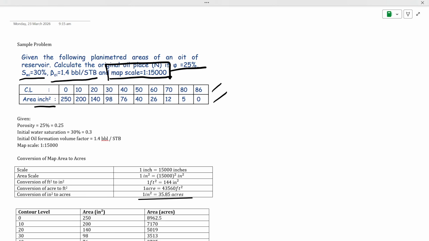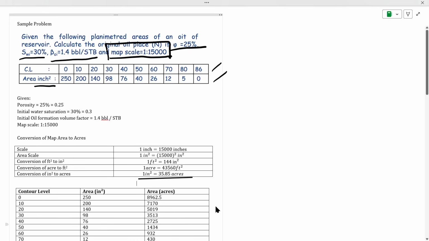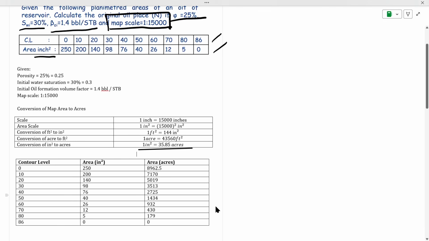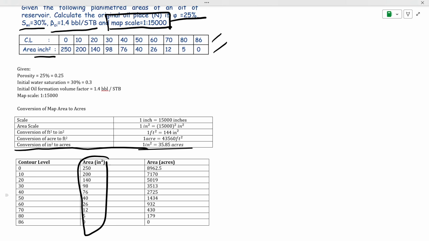So now let's proceed to the second step. We apply the map scale conversion so that we can convert the area in inches squared to area in acres for every contour level. I already provided the answer.